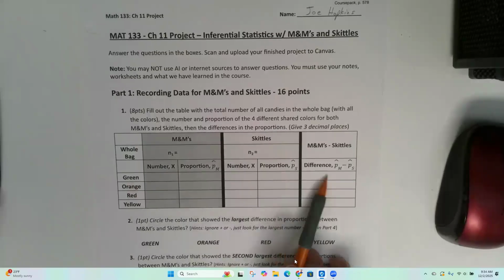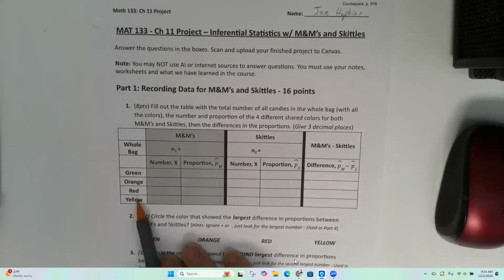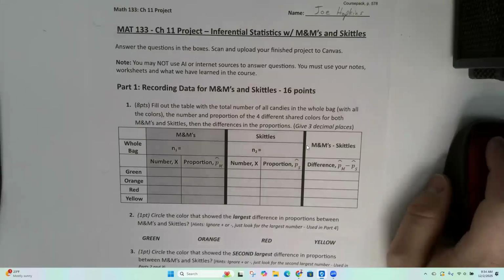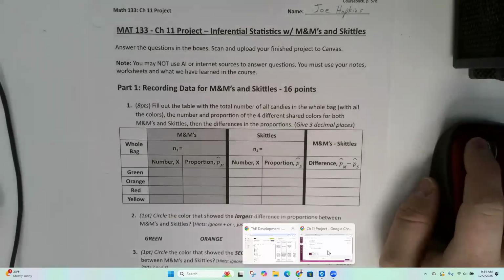What's the proportion? And then what's the difference in green versus orange versus red and yellow? So they only match with the four colors, right? M&Ms has blue and brown, but there's no blue and brown Skittles. There are blue ones in the wild berry ones, I guess, but there's no brown ones as far as I know. I don't even know what flavor brown would be.